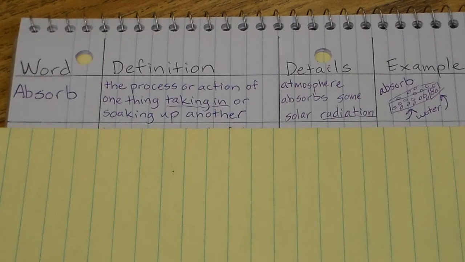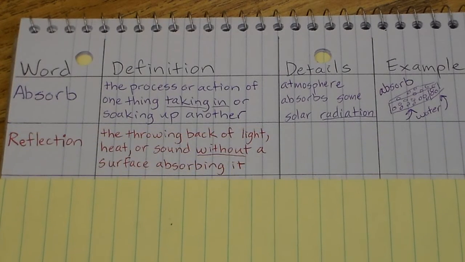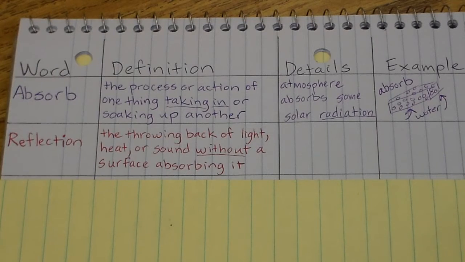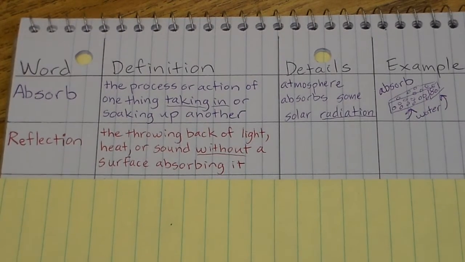And our next word is kind of the opposite of that, and that's going to be the word reflection. We could also say reflect, but we're going to add the ION to the end of this word.